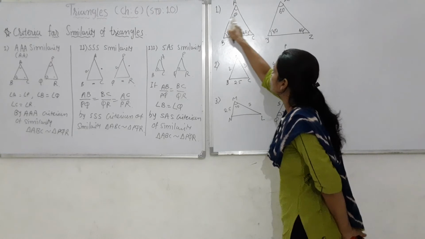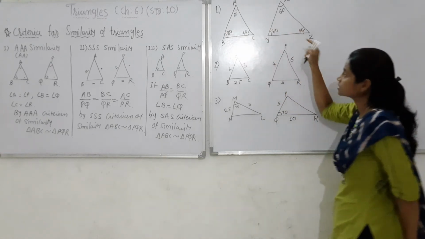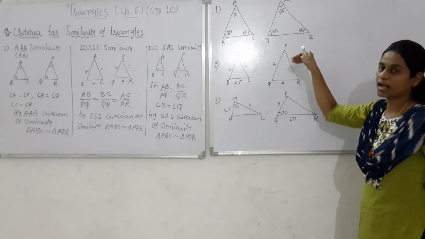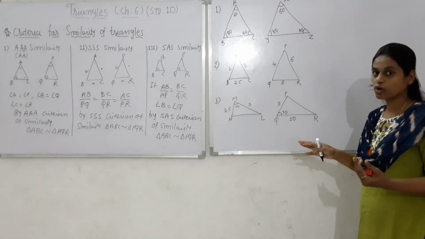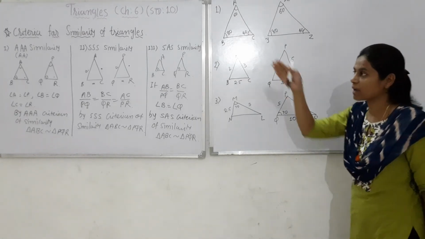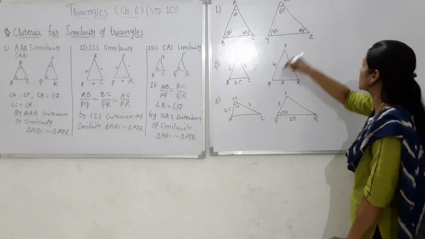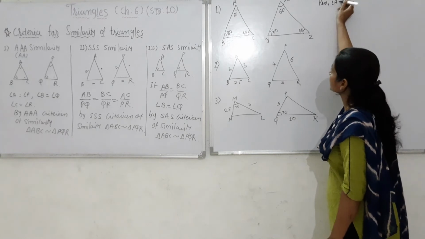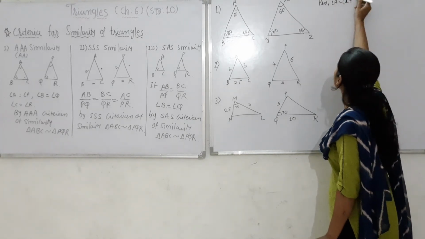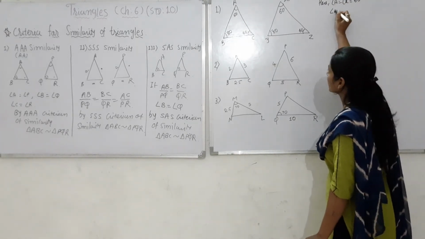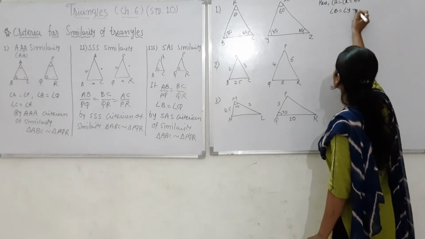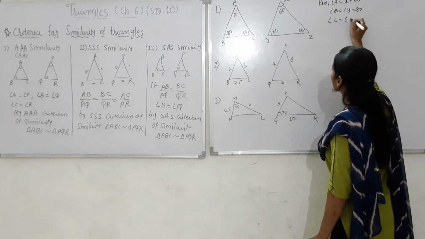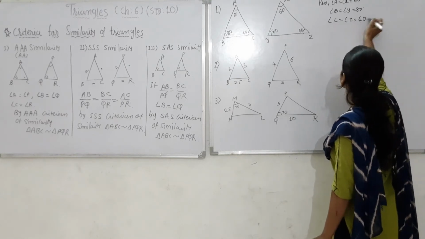We don't know about the sides, but we can say these two triangles are similar. How? Not by the definition of similarity, but by the criterion of similarity. So you can write here angle A is equal to angle X is equal to 60. Angle B is equal to angle Y is equal to 80. Angle C is equal to angle Z is equal to 40.